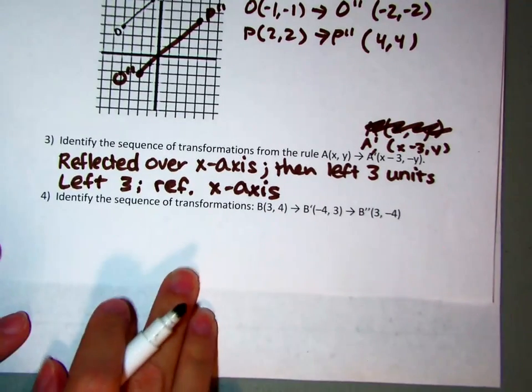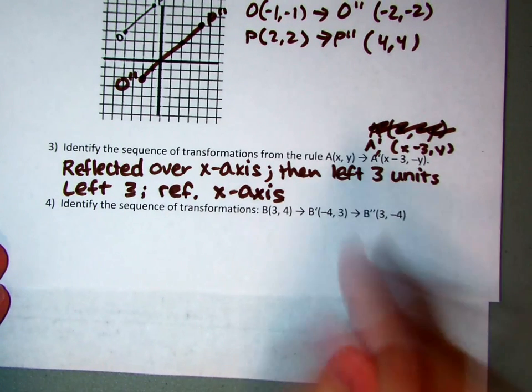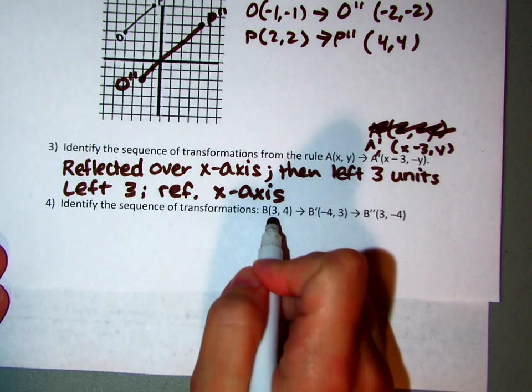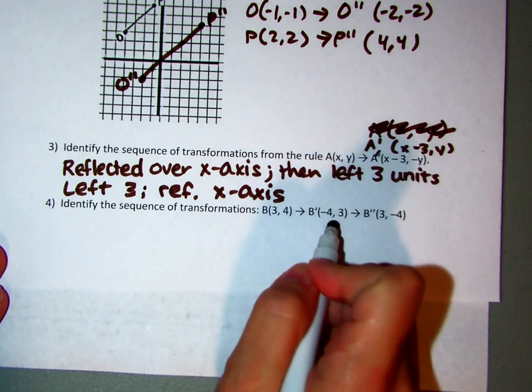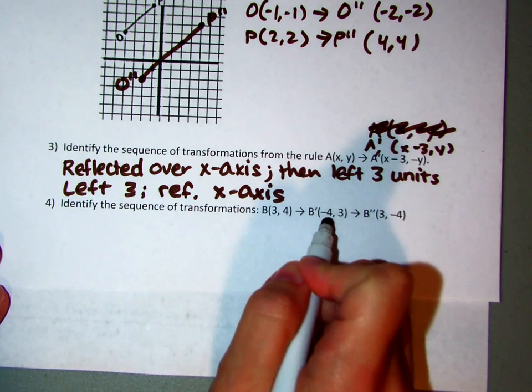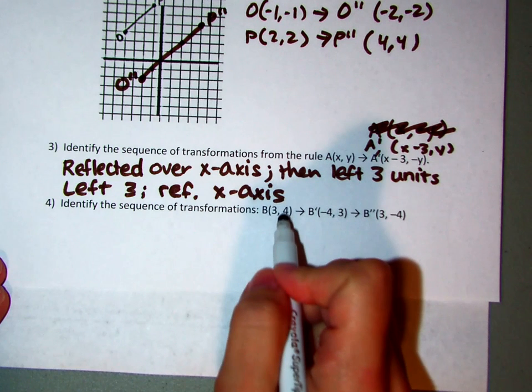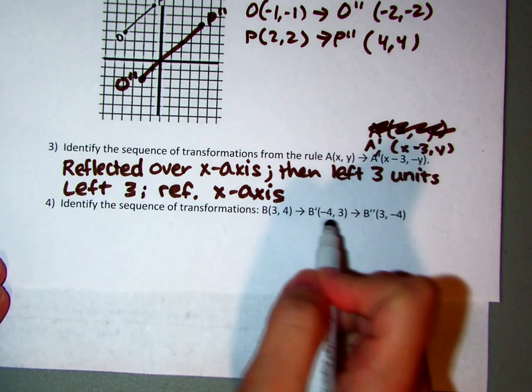On number 4, it says identify the sequence of transformations. This time you've been given a set of points here, and if you'll look, we're starting with 3, 4. When you look over here, you can see not only did the x and y switch places, but only one of them went opposite. So let's think about this. 90 degrees, find the opposite of y, and switch them, which is exactly what we have.